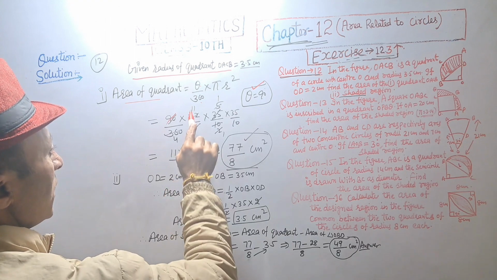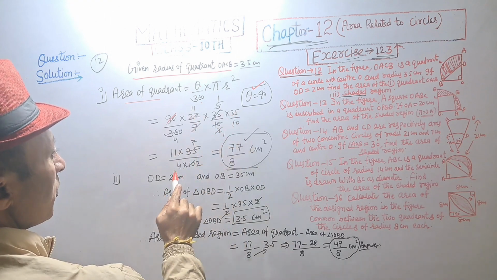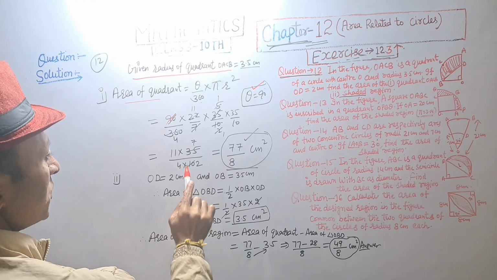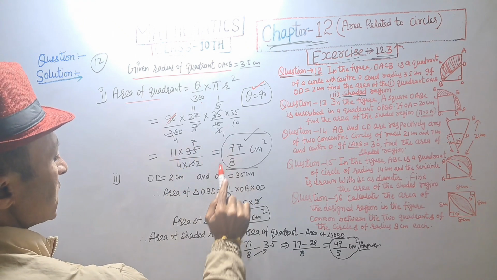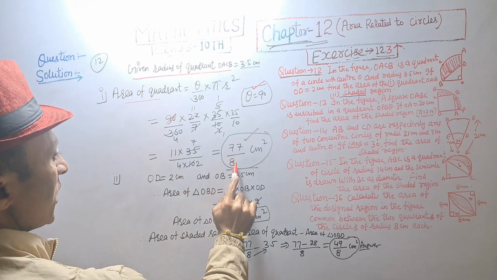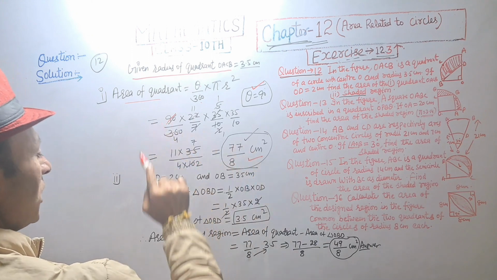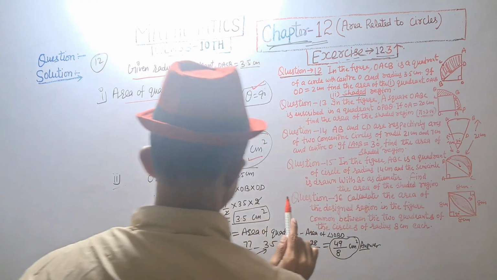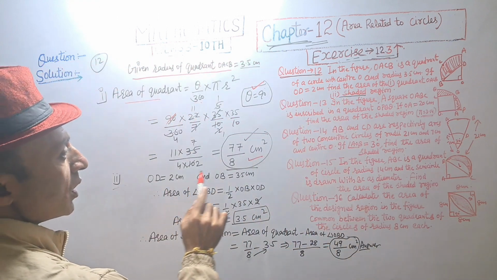We get 11 into 35 upon 4 into 10, 7 5s are 35 and 5 2s are 10, 11 7s are 77 divided by 4 2s are 8 centimeter square. It's the area of quadrant. And we want to find the shaded region also.